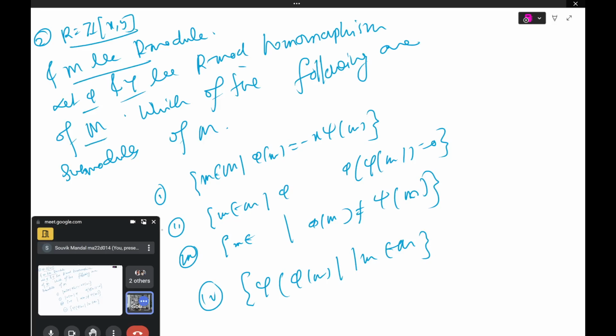Then the question is which of the following are submodules of M, such that phi is equal to minus x, and so on. So now try to solve it. You need to check three things: non-emptiness, whether zero is there or not, and the last condition. That's all.